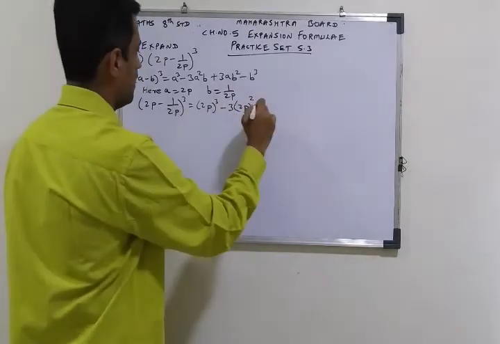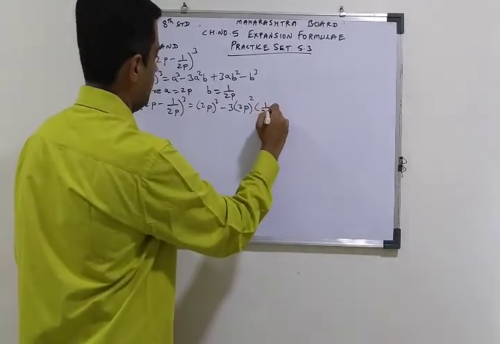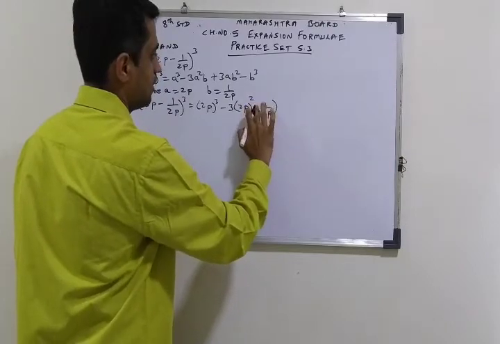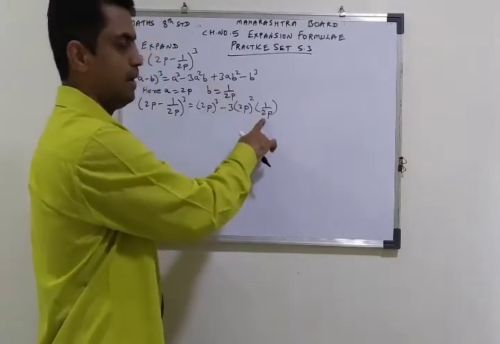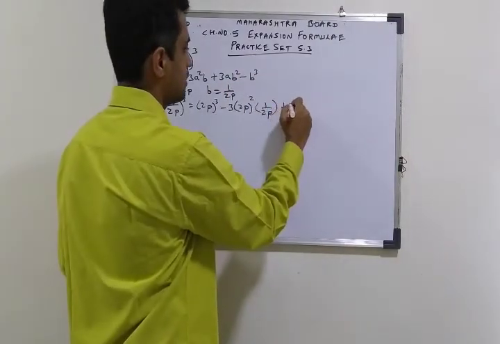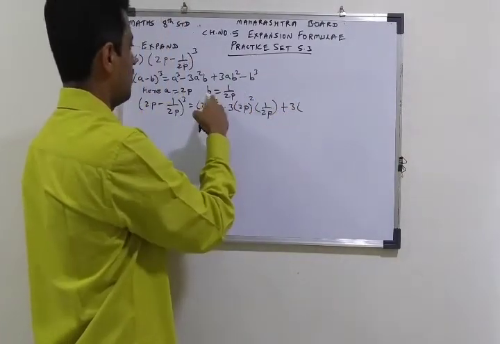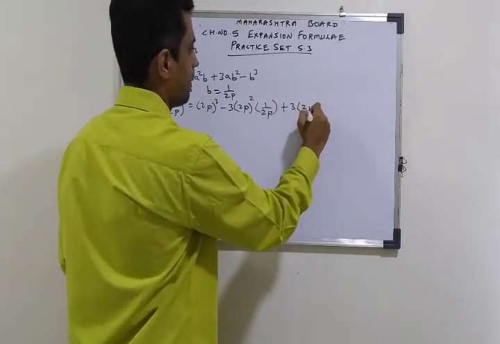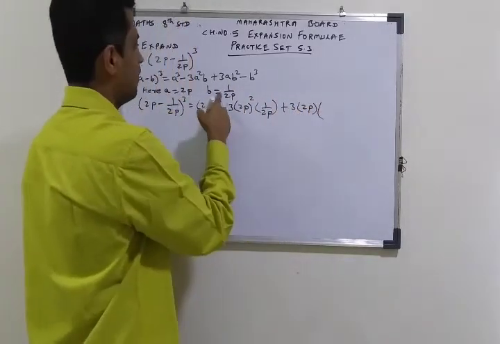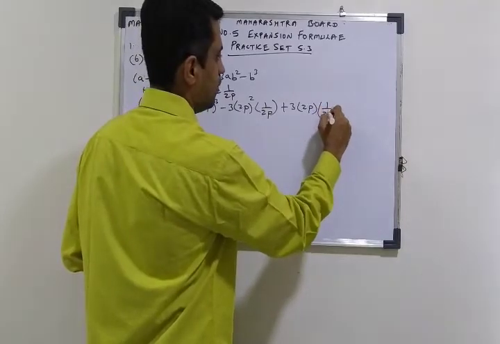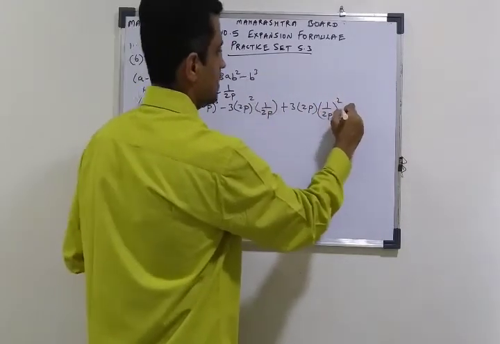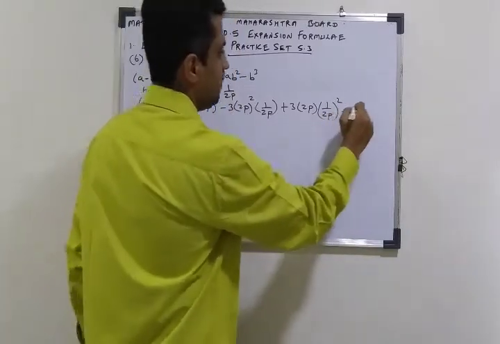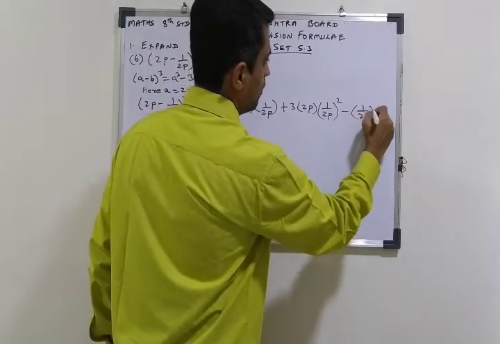Instead of b we will write, be very careful, 1 upon 2p. Again plus 3. Instead of a we will write here 2p. Instead of b we will write here 1 upon 2p. And here square. Minus b cube means 1 upon 2p the whole cube.